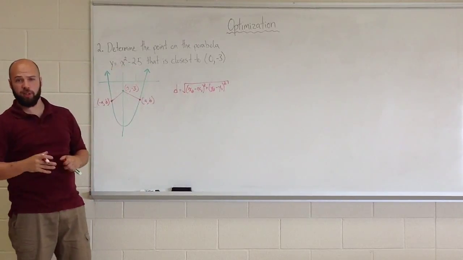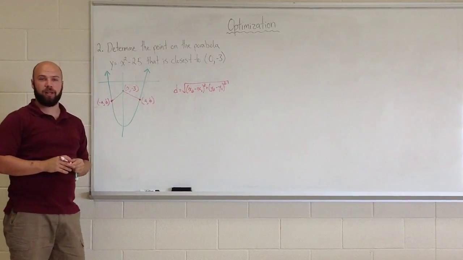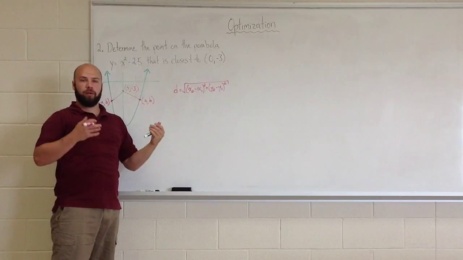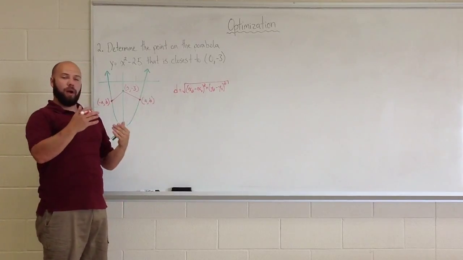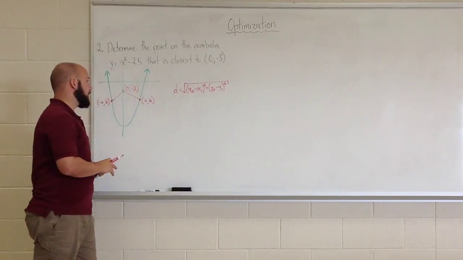This is a formula that should just be in the back of your pocket. When you see something that's closest, it should indicate you want to minimize distance. That's pretty straightforward. How you get closest to something is going to be the minimum amount of distance between that thing and yourself.